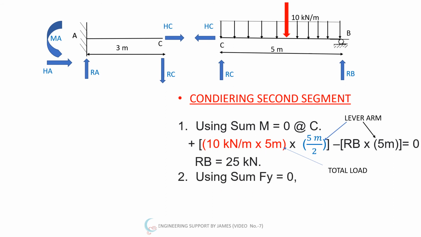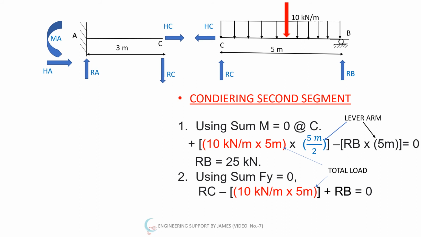So next equation I'll use, that is all the vertical forces I'll equate to 0. So RC will be positive upward, then minus 10 downward multiplied by 5 will be the total load, plus RB, then I'll equate it to 0.